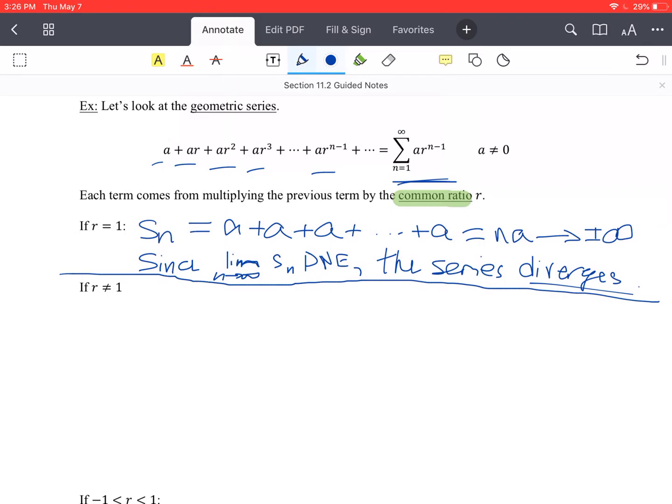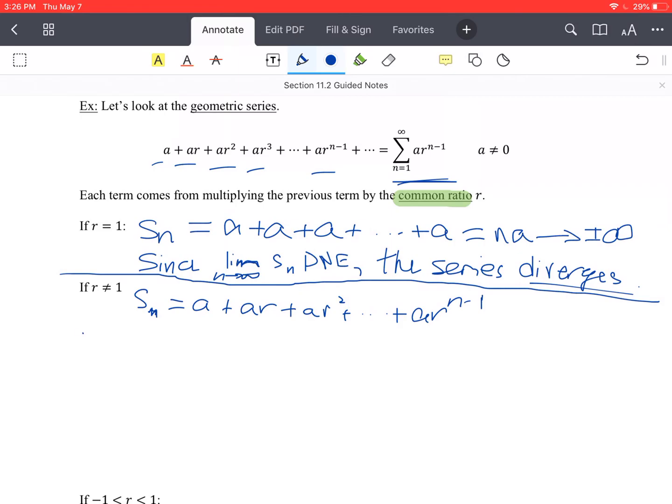Okay, so then in this case we have S sub n is a plus ar plus ar squared plus yada yada yada, all the way up to ar to the n minus 1. Okay, and now what we're going to do, this is not something that I would necessarily expect you to come up with on your own, but we're just going through a sort of proof here.